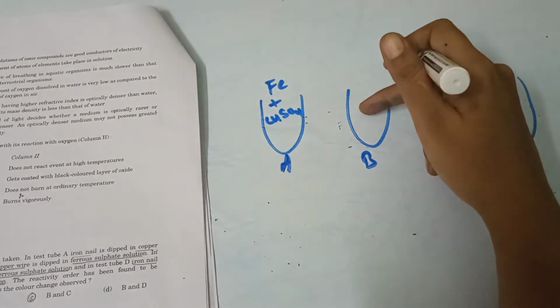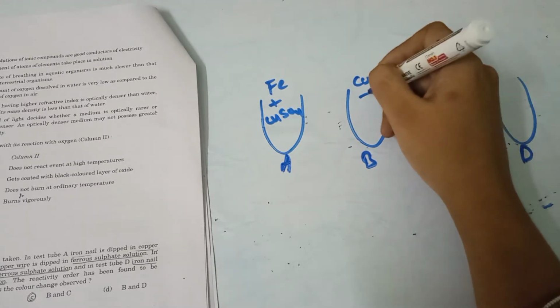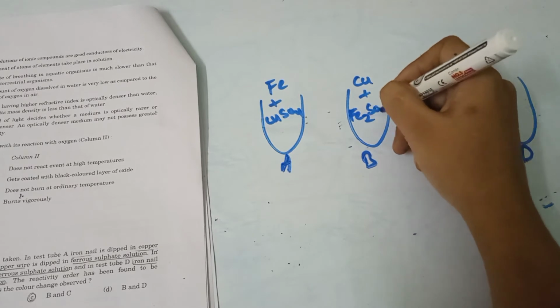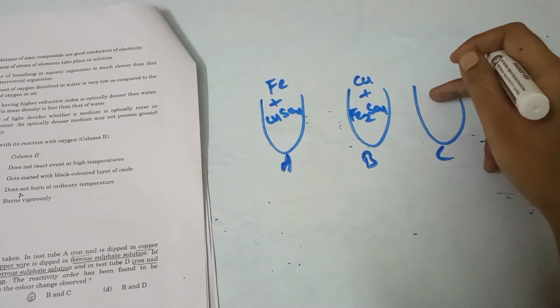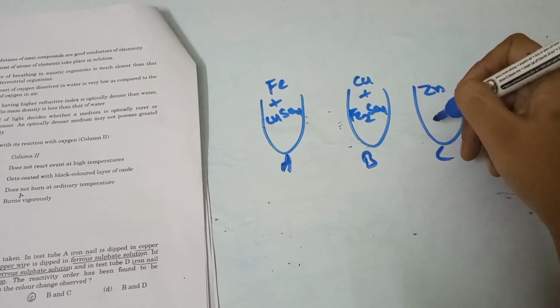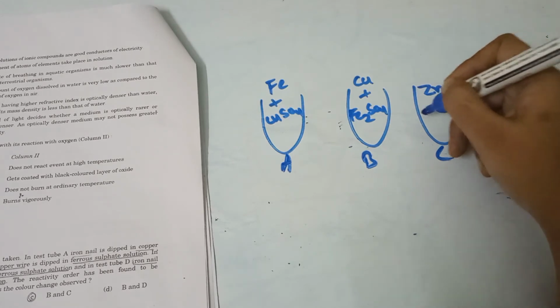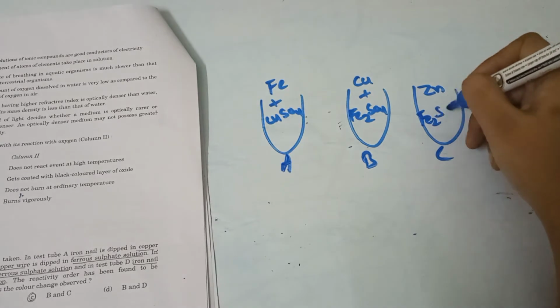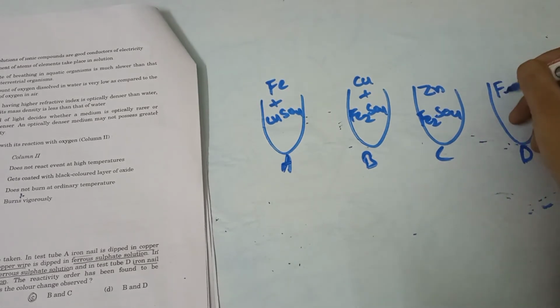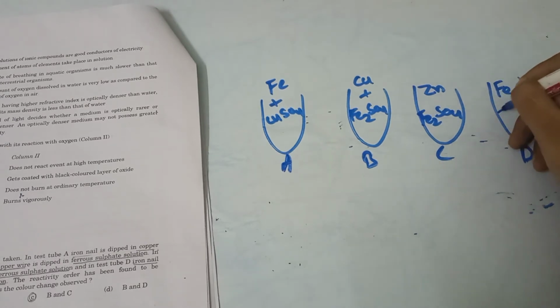In test tube B, copper is dipped in the ferrous sulfate solution, FeSO4. In test tube C, zinc metal is dipped in ferrous sulfate, FeSO4. And in test tube D, an iron nail is dipped into the zinc sulfate solution.